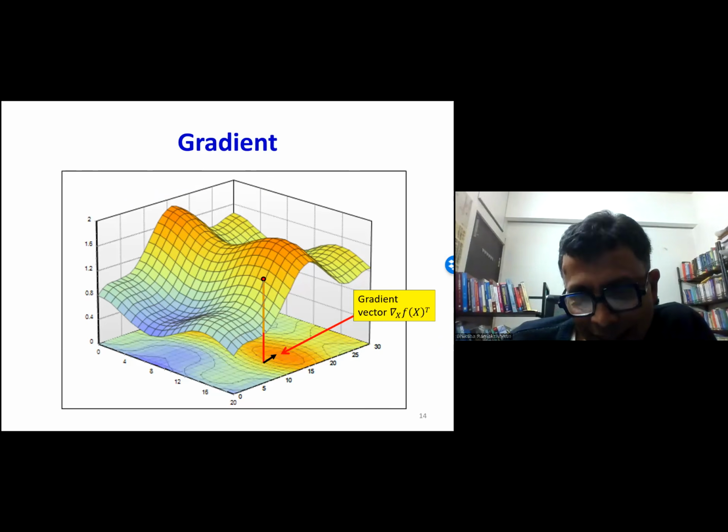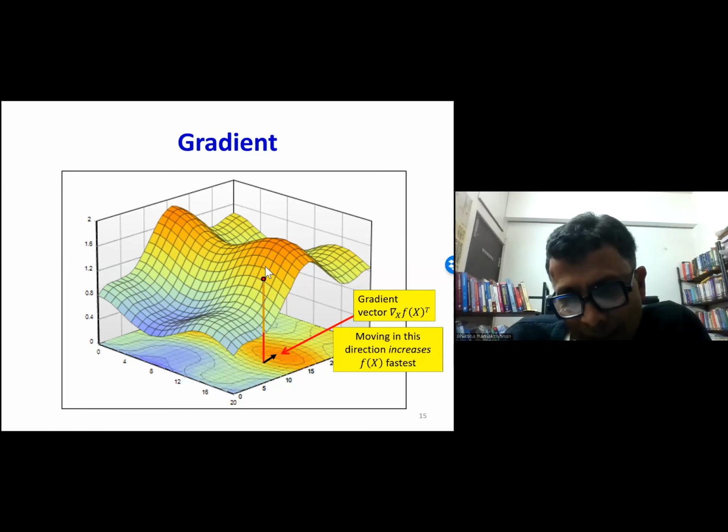So what this means is that the gradient, which is the transpose of the derivative, is the direction along x where the function increases fastest. So if this was your function and you are computing the gradient here, this term here would be the gradient. This is the direction where the function increases fastest.